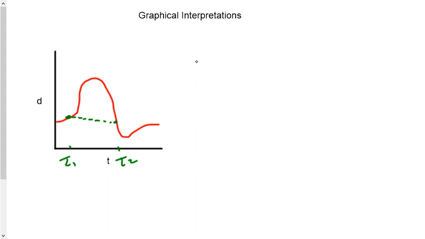That's going to be what our v average is. So indeed, it is equal to delta x over delta t. Now in this case, we're using x to represent displacement, which is on our y-axis here, and time, of course, is on our t-axis. So please don't get confused thinking x is an x value that's right there.